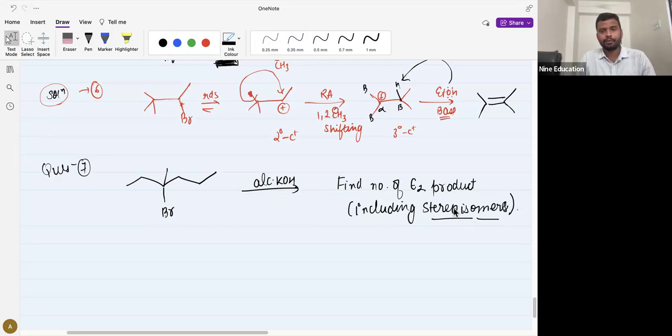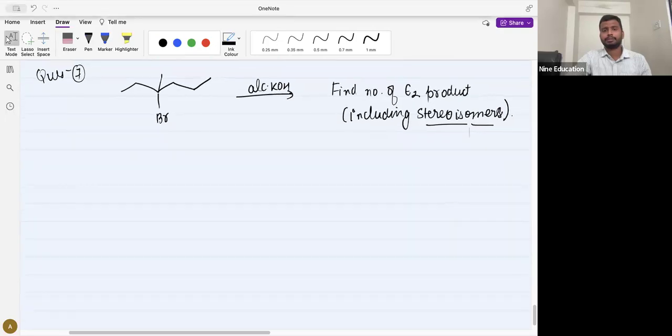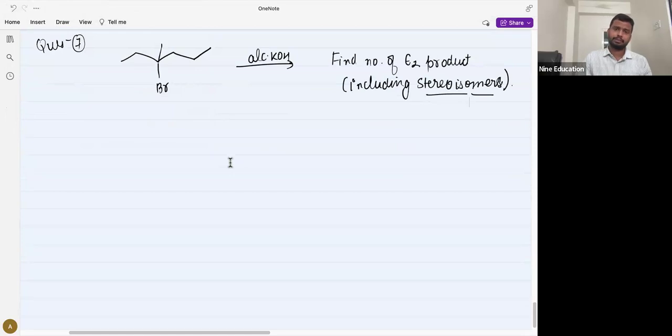And to find total number of products, write the answer in the chat box. Prize money will be given to the one who will write the correct answer. Now only it will be given who will give the correct answer.